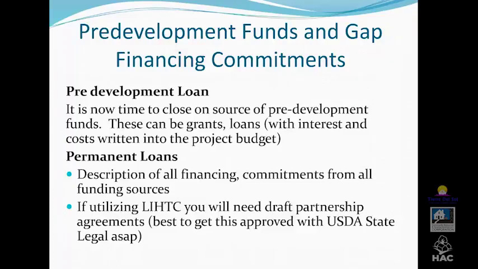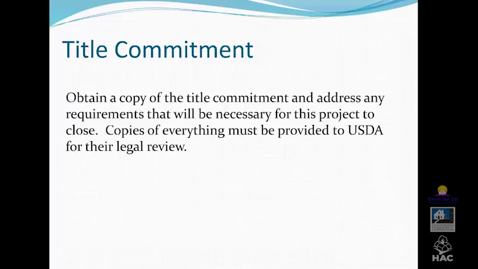So in your initial submittal, you said this property is able to have multifamily zoning, and it's currently maybe in the process of being annexed into the city or something like that. Now is the time that you will need the confirmation that all of that you stated in the pre-app is now actually going to happen or has happened.